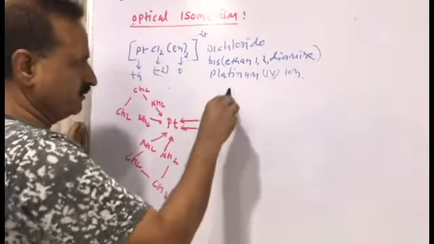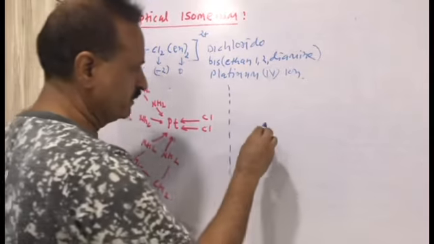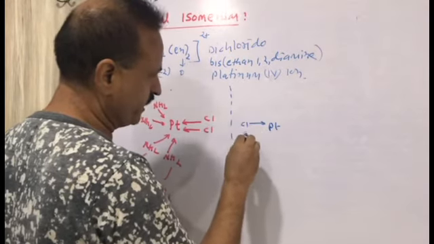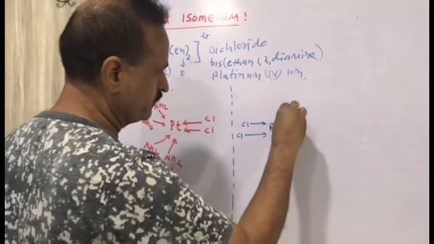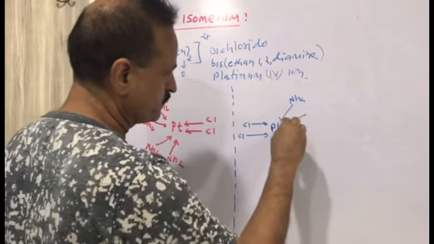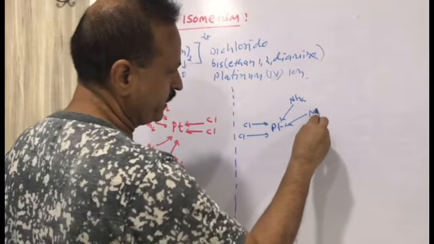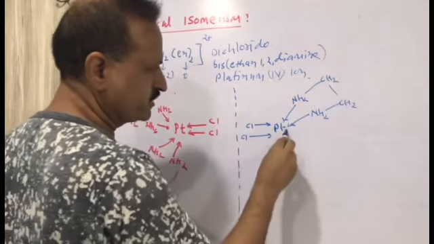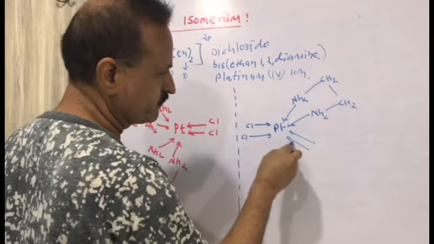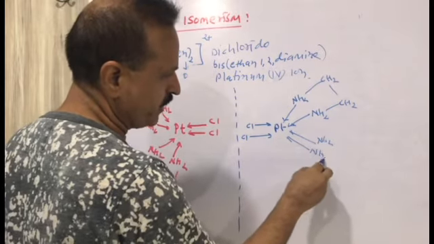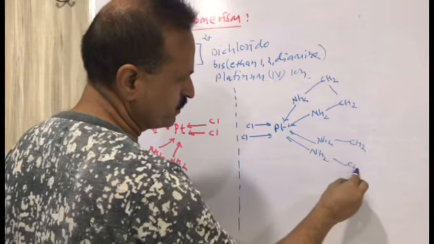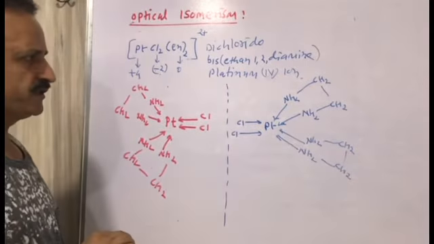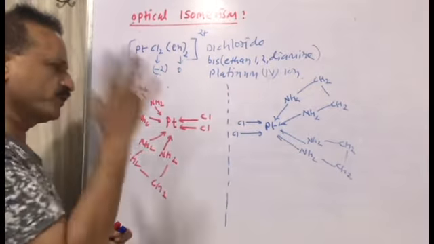The same figure is drawn as its mirror image: platinum, Cl, NH2, CH2, this is one ethane-1,2-diamine, NH2, CH2, this is another ethane-1,2-diamine. These are mirror images of each other, and the images are not superimposed on each other.